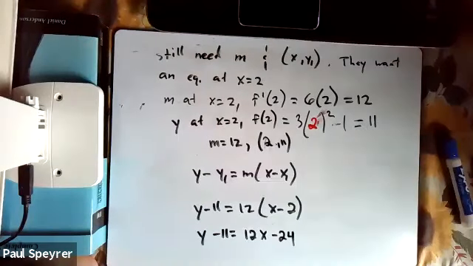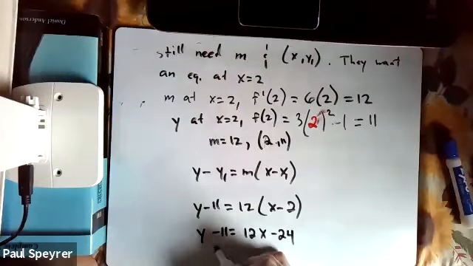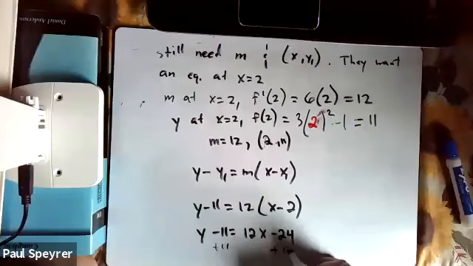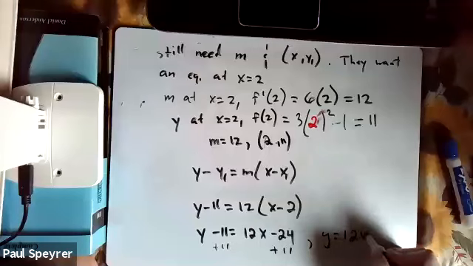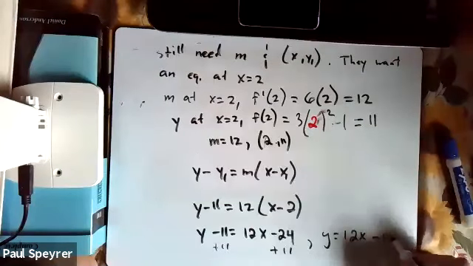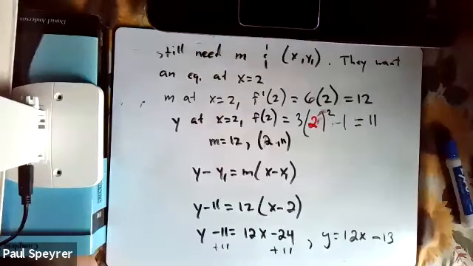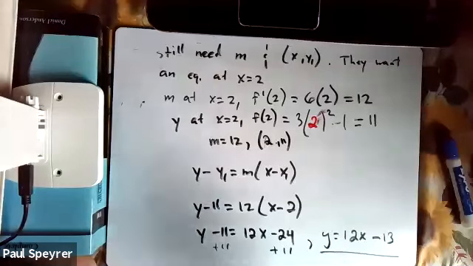We got that, and you add your 11. So we get y equals 12x minus 13. So there's your equation of the line tangent to that specific point along that curve that they wanted.